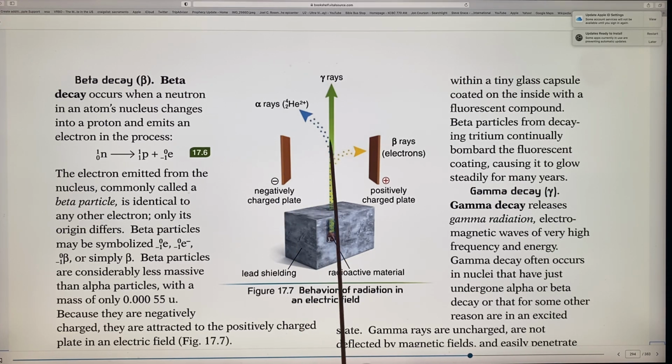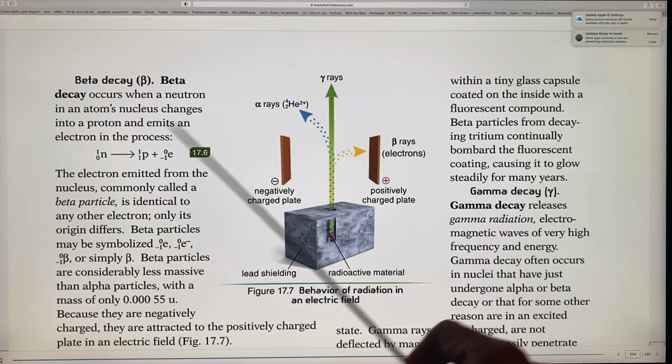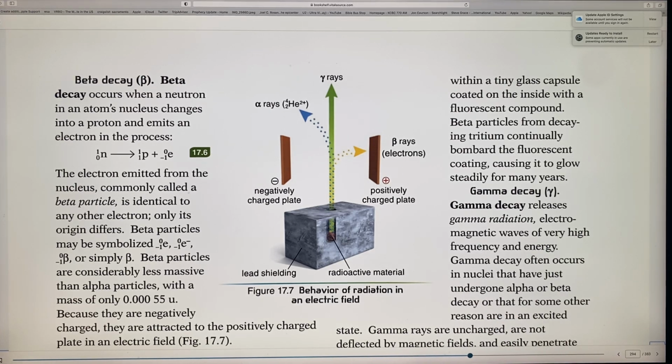So it's going to go up towards the negative charge plate. Now, with a beta ray, which has a negative charge, it's going to go the opposite way. Just to know what they're talking about when they say the charge field, that's the charge plate.